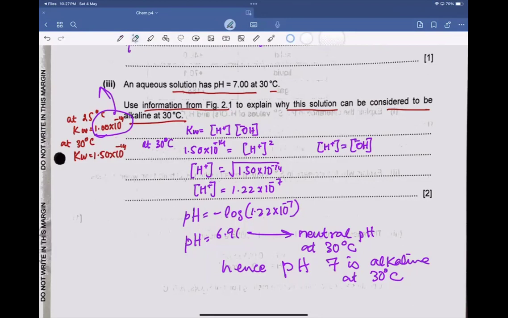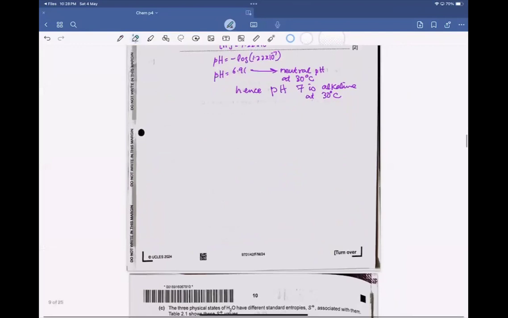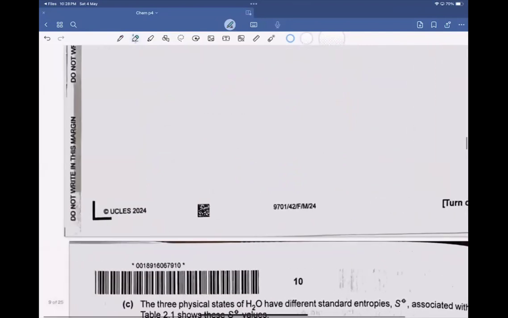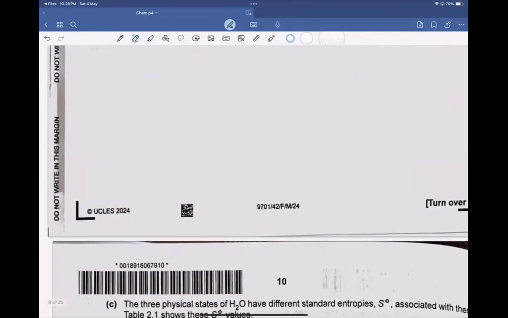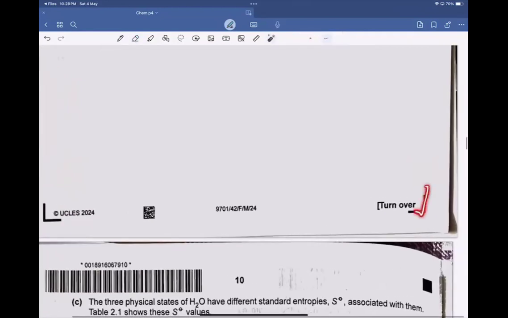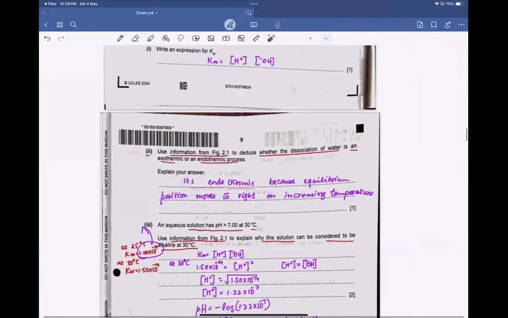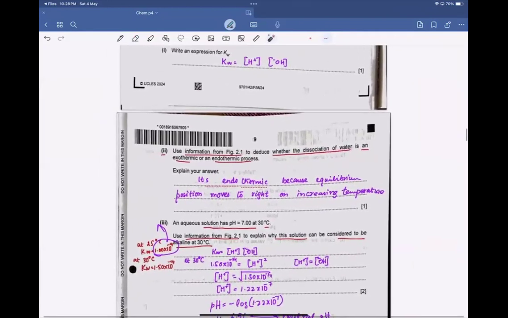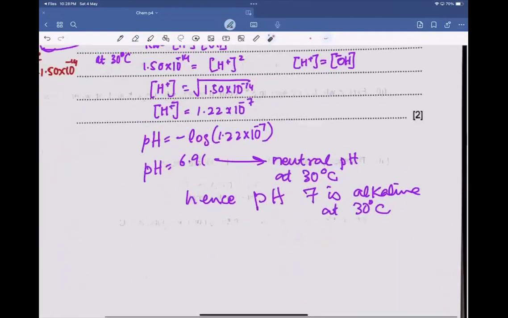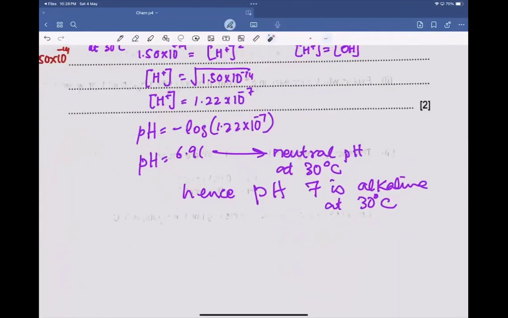So any value of pH higher than this would be alkaline. Only if your answer is within these lines, then it is always checked. Your answer must not move out of these lines. Okay. So any confusion till here?